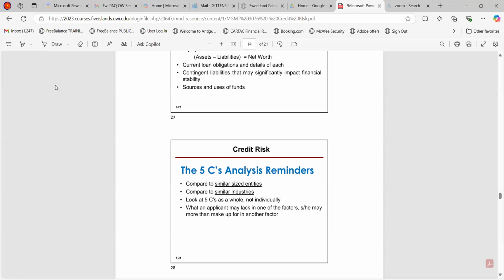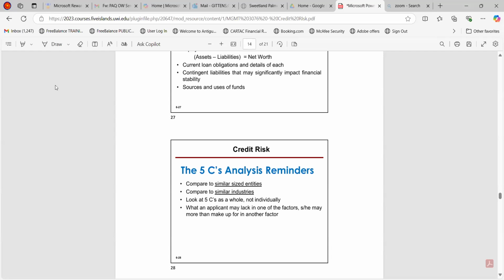So with the 5 C's of credit, you're going to compare that to a similar company. If it's a company, you're going to compare it to companies in similar industries. If it's individuals, you're going to compare one individual to another individual that you have given a loan to.